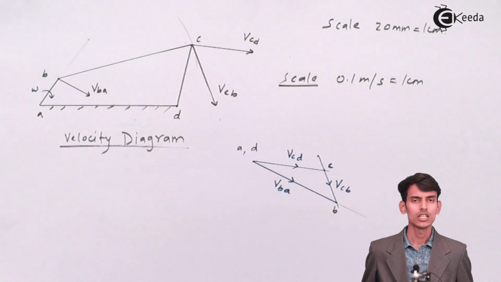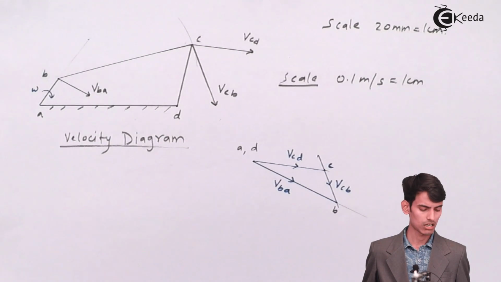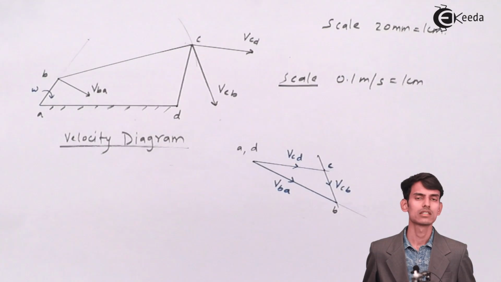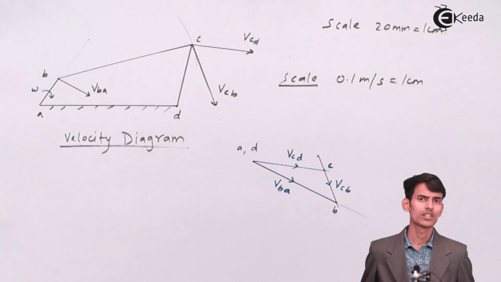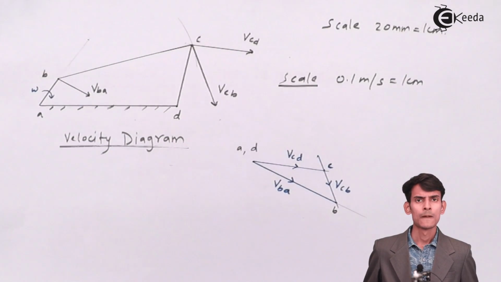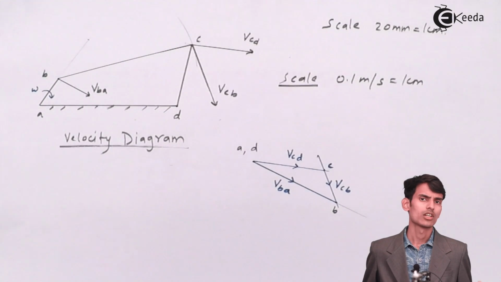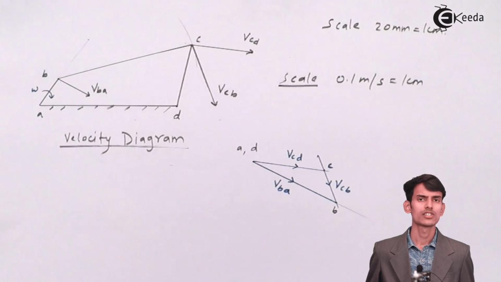Once you get the velocity, next you should go on to calculate the angular velocity of whichever length is asked about. So once you get the omega, the question is done, if it is only about angular velocity. If it is also about angular acceleration, you have to continue with the angular acceleration diagram as well. So I hope you've understood this. Thank you so much.